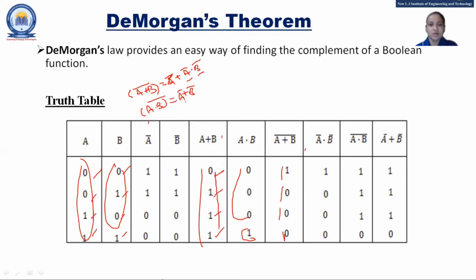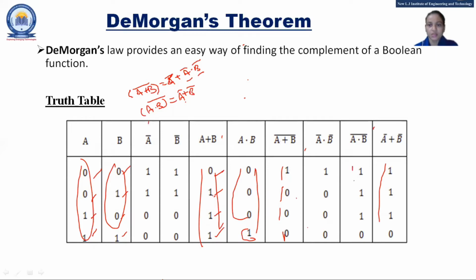Similarly, here A bar plus B bar is 1 1 1 0. So we can see from this A dot B.